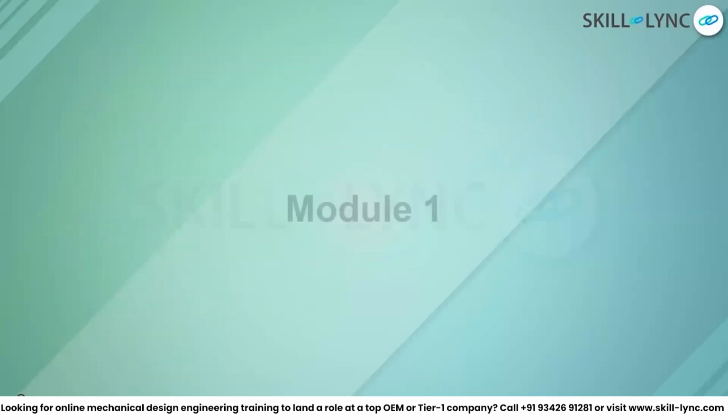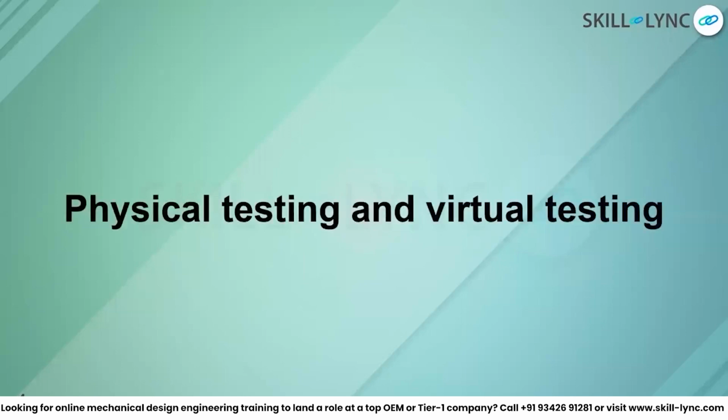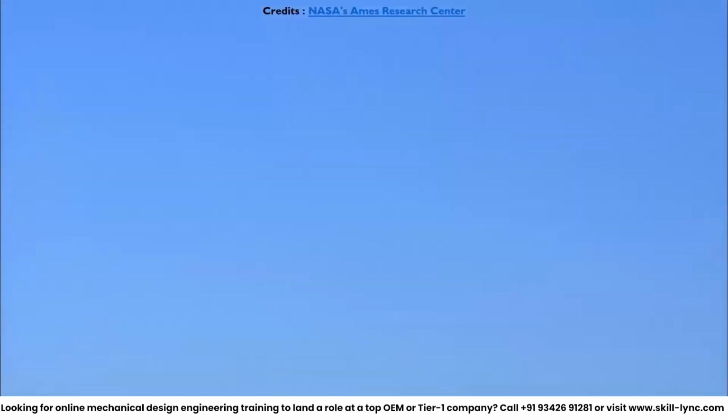Okay, so let's start module 1, in which we will first try to understand physical testing and what the need for virtual testing is. To make it more interesting and more informative, let's see how physical testing is done. I'm going to start a video from NASA, where they have tested the rear wing of an aircraft.